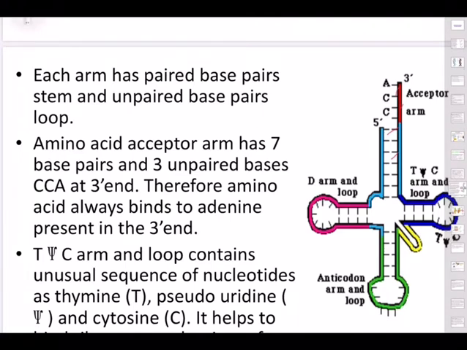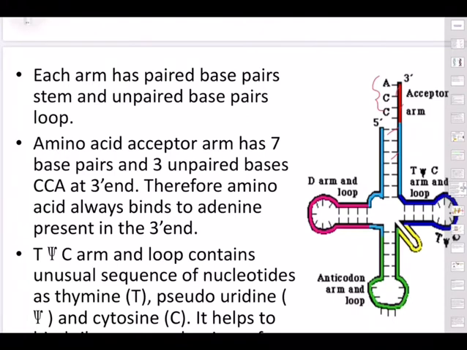The amino acid receptor arm, that is the AA arm, has 7 base pairs and 3 unpaired bases, CCA. You can see these 3 unpaired, and 7 bases are there: 1, 2, 3, 4, 5, 6, 7.